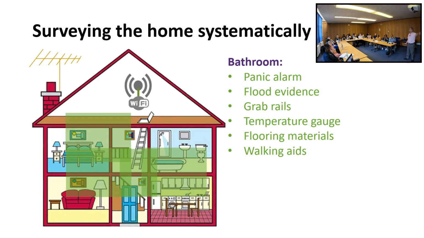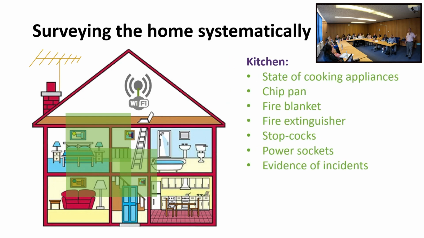So when you're doing a home assessment, you walk into a bathroom, and an OT would do this. You see what's there, and you suddenly realise these are indicators of some vulnerability. Yes, so the kitchen, again, you look at what's there. A chip pan. Well, they used to like it. They used to have lard in their kitchen fires.